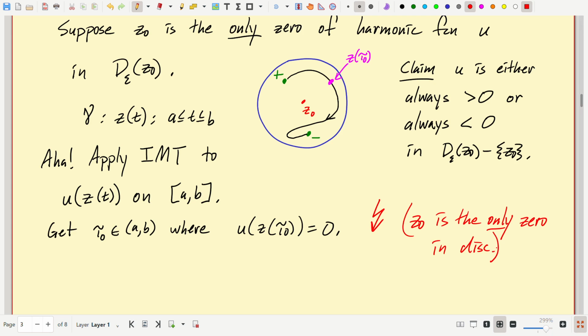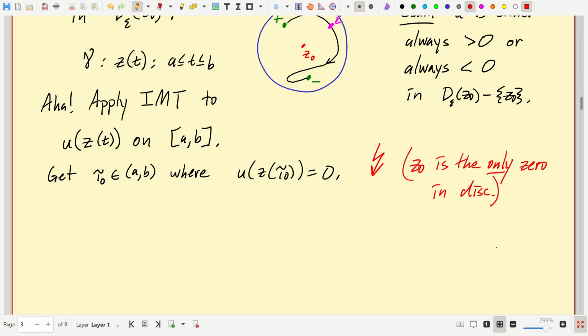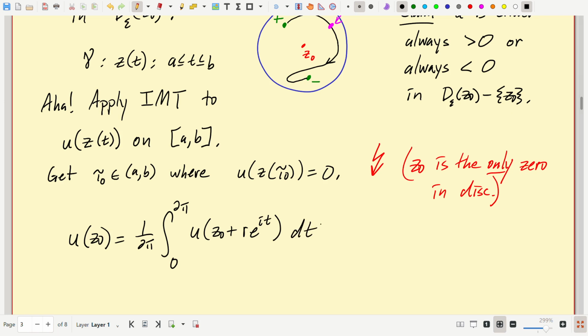Now, it's either positive or negative. The averaging property shows me that u at the center is 1 over 2 pi times the average of u of z naught plus r e to the i t dt, for radii between 0 and epsilon.